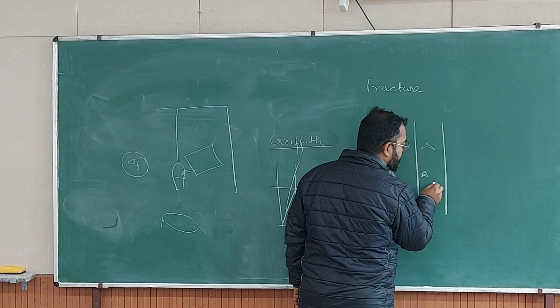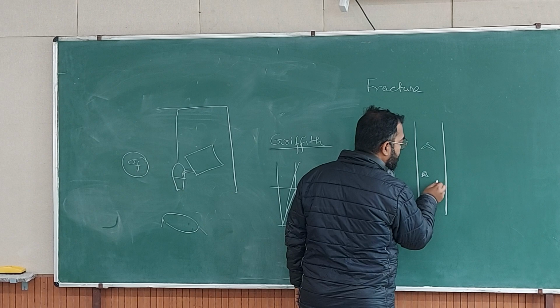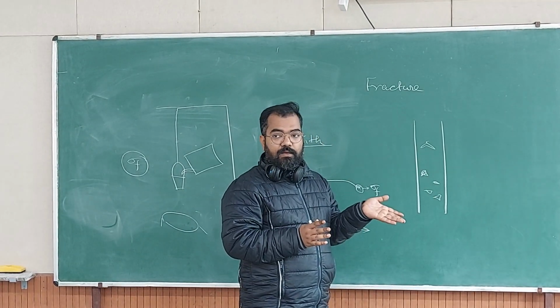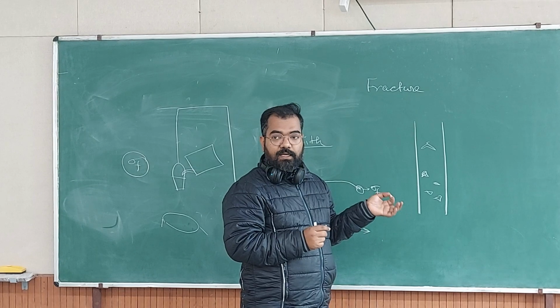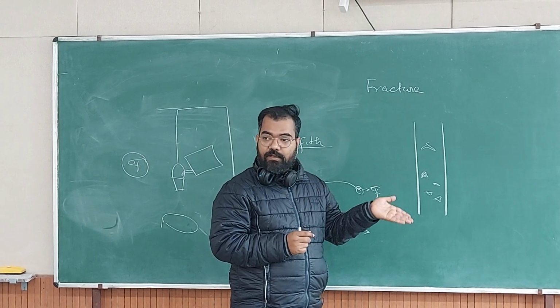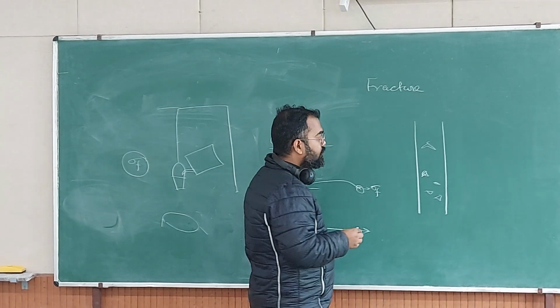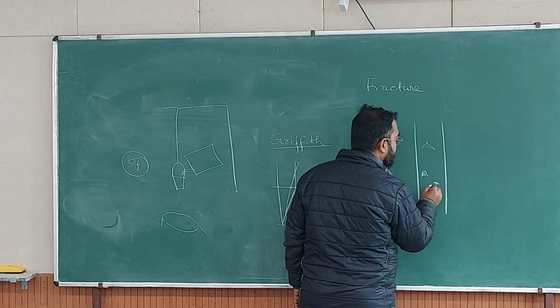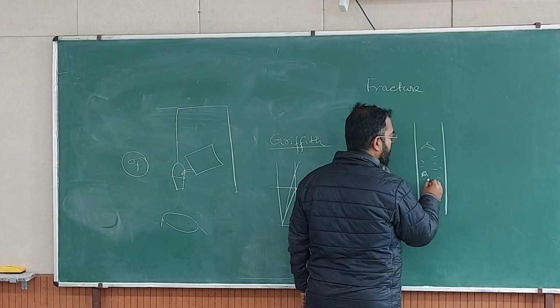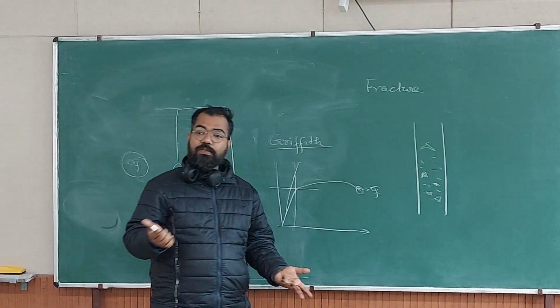Suppose the surface between the graphite and the matrix has delaminated, that could happen. But in case of very brittle particles, the particles themselves will break and there will be a crack there. So you have a lot of micro cracks now, and some of them will grow.